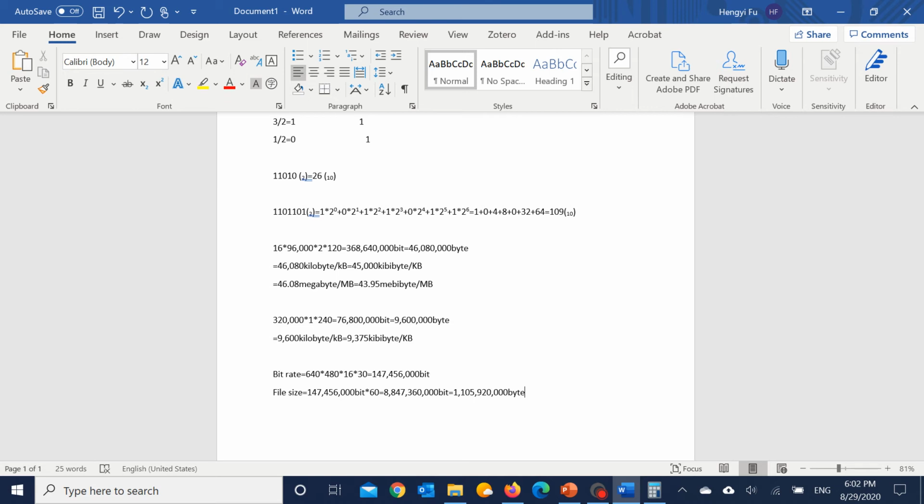I think this time we should convert it to GB, gigabyte. So as I already mentioned before, you either stick to the 1000 base or you stick to the 10th power of 2 base, which means you either divide this number by 1000 three times. The result will be 1.10592 gigabytes.